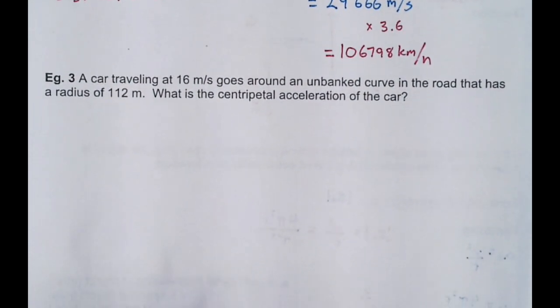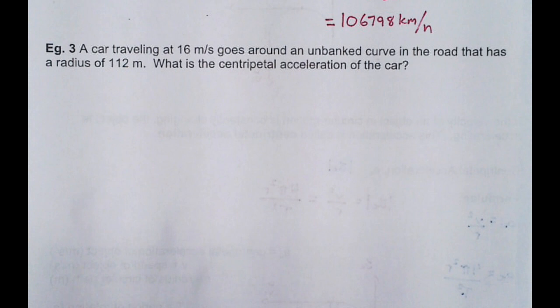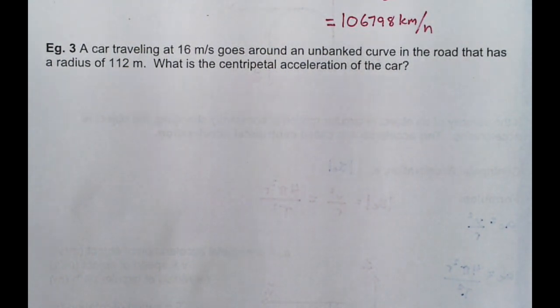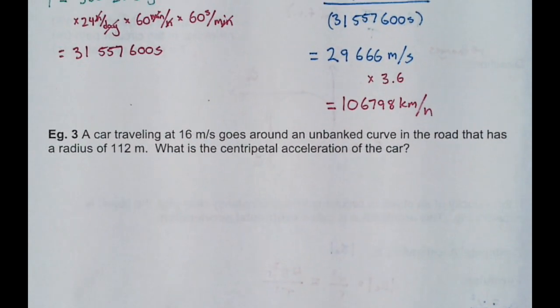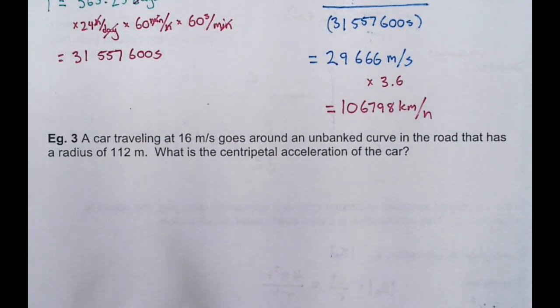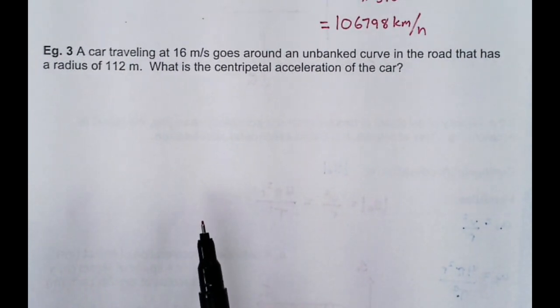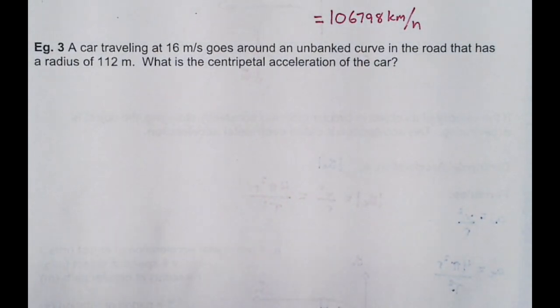The next example that we have gives us a car traveling at 16 meters per second going around an unbanked curve in a road that has a radius of 112 meters. What is the centripetal acceleration of the car? So in the example above, we solved for centripetal velocity. Now we're going to solve for centripetal acceleration.